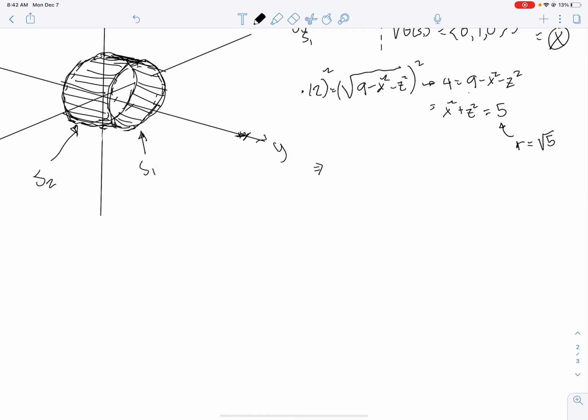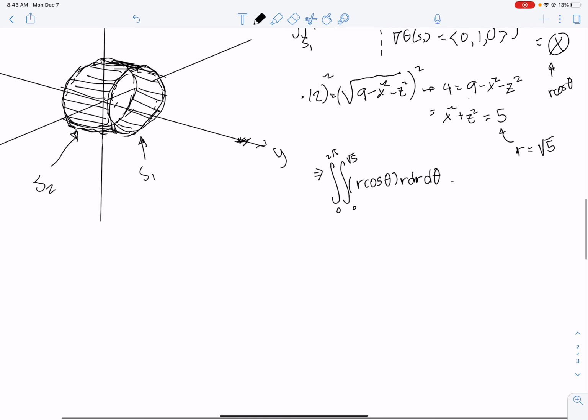So now that we have everything that we need, we can start solving. In this case, our surface 1 goes from 0 to root 5, 0 to 2 pi. And then our x component here becomes r cosine theta. So we can plug that in, r dr d theta, and we're ready to solve.